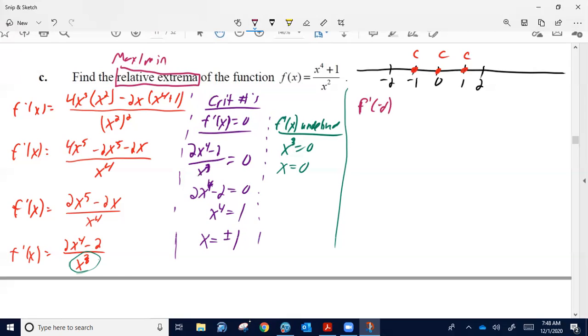So f prime of -2 maybe. This is a little bit harder. Maybe I'll test f prime of -1/2, f prime of +1/2, and f prime of positive 2.